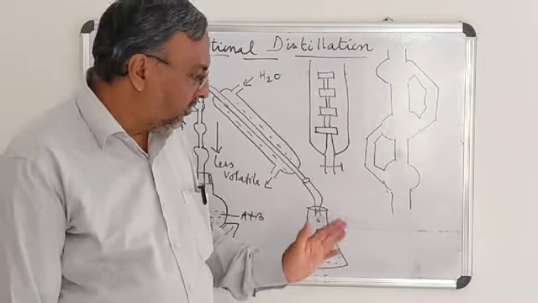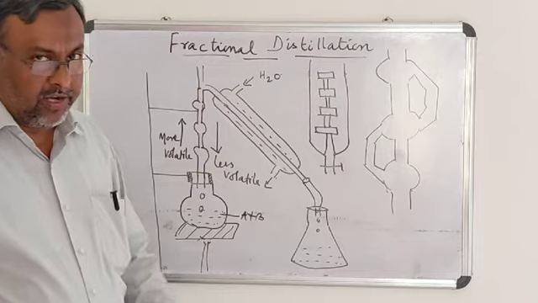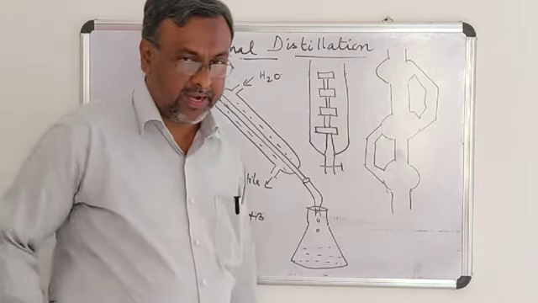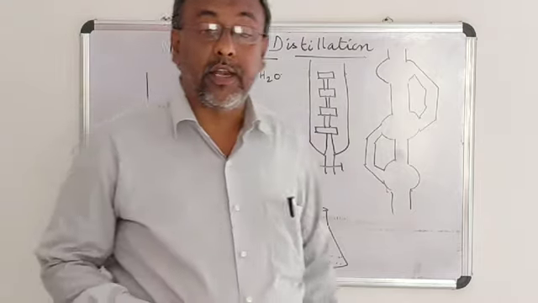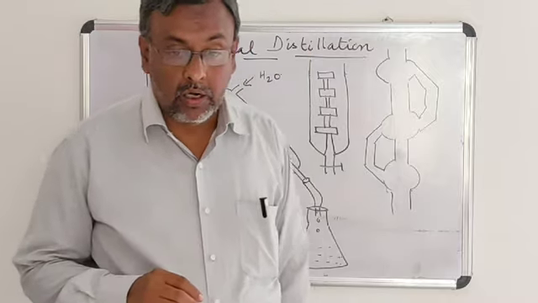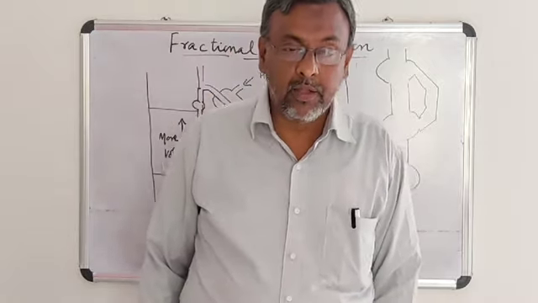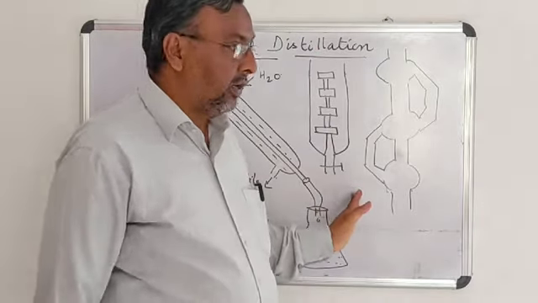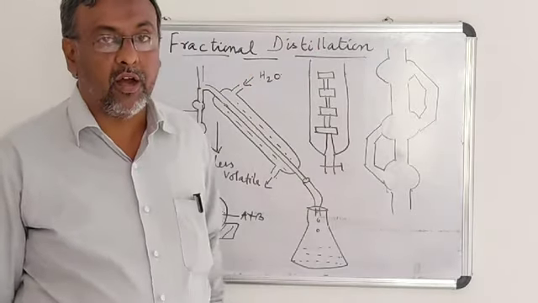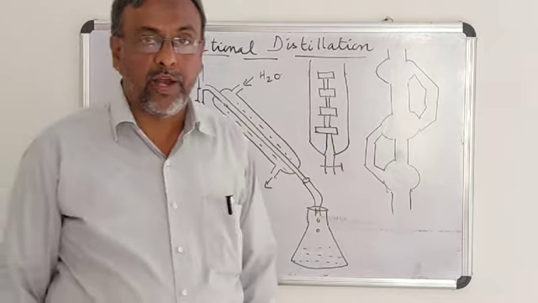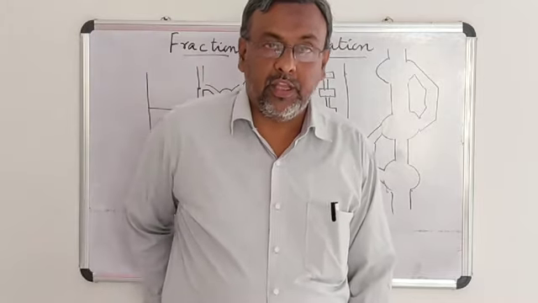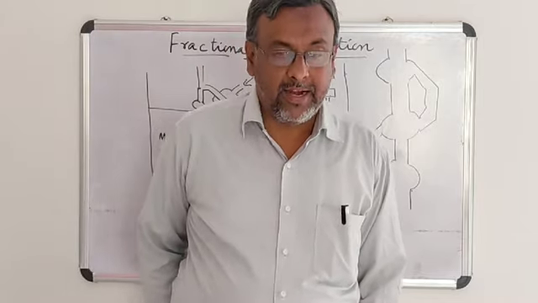Any two liquids can easily be separated using the fractional distillation setup. So remember, fractional distillation is a very important method of separation of organic liquids, and one of the best purification methods.